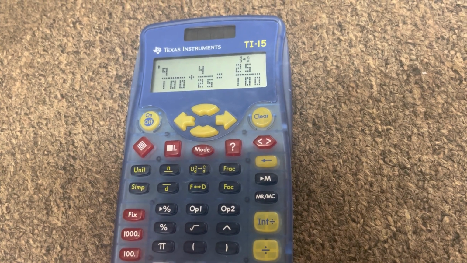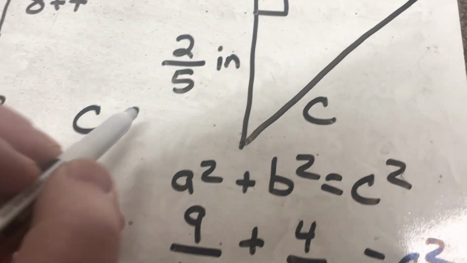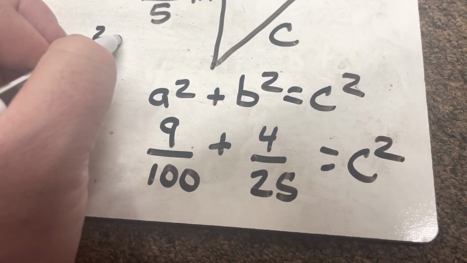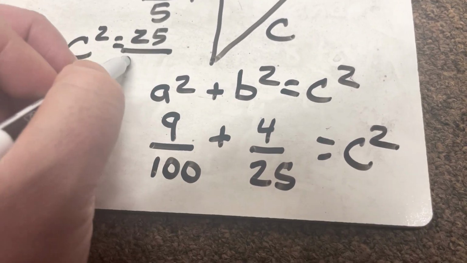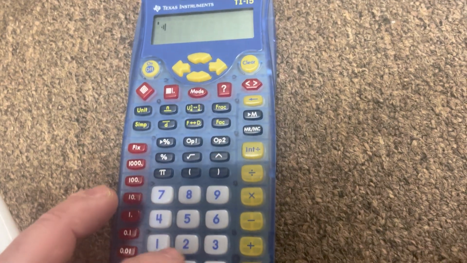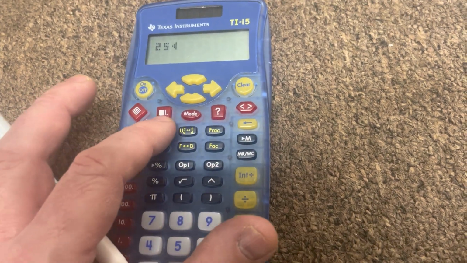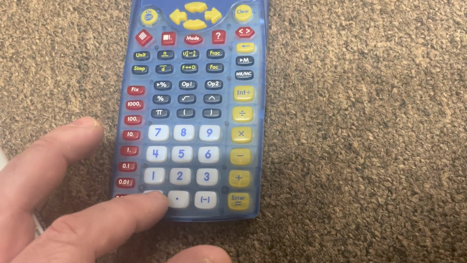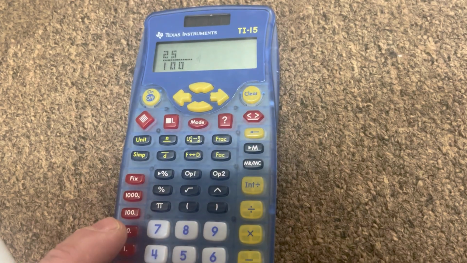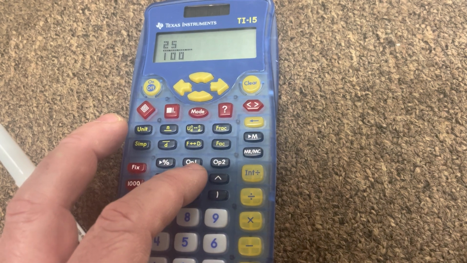And so I'm going to say, okay, 25 over 100, c squared equals 25 over 100, but then I'm going to take my 25, numerator, over 100, denominator, and I'm going to find the square root of that.